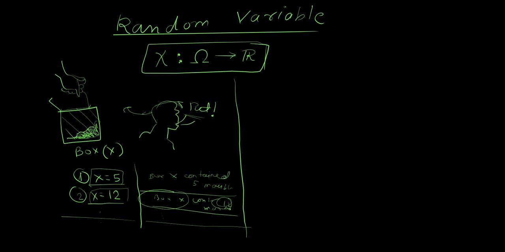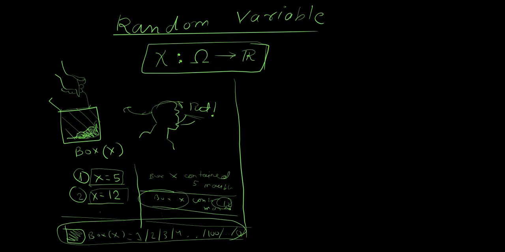A random variable is nothing but a box named X. Just try to imagine it as an opaque box which can take any number of marbles: one marble, two, three, 100, 1,000, or even zero marbles. This is how I understood a random variable.